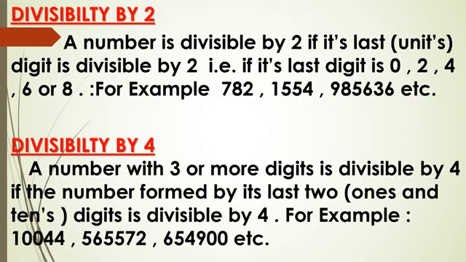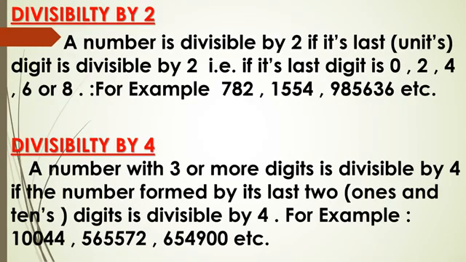Examples. 10,044. Number formed by last two digits is 44. Is 44 divisible by 4? Yes, 4 11s are 44. So 10,044 is also divisible by 4.